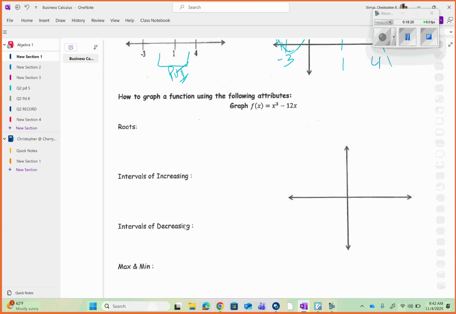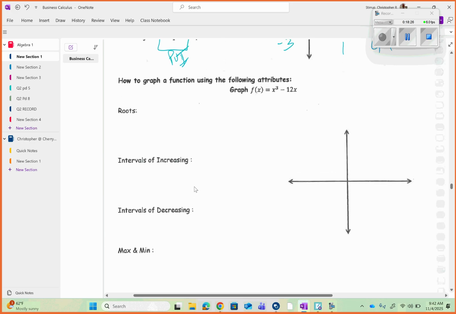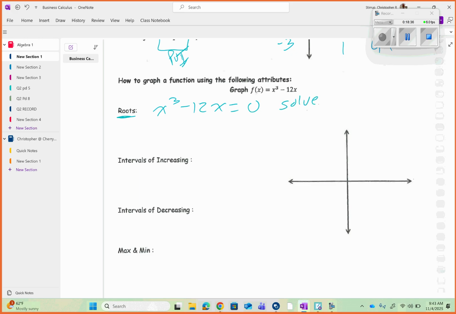All right. So, let's jump through this problem. I think this is the last example I give. The first thing we want to do is find the roots. So that says set this equal to 0 and solve. Algebraically, you could factor an x out, and I'm going to get x squared minus 12 equals 0.